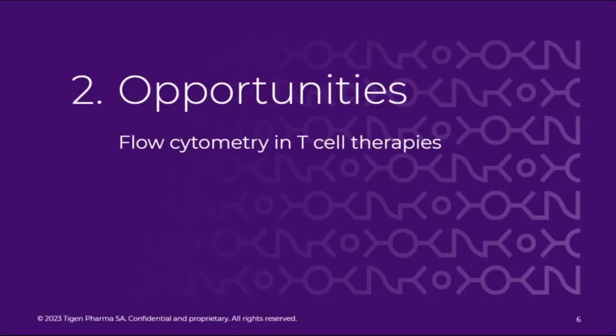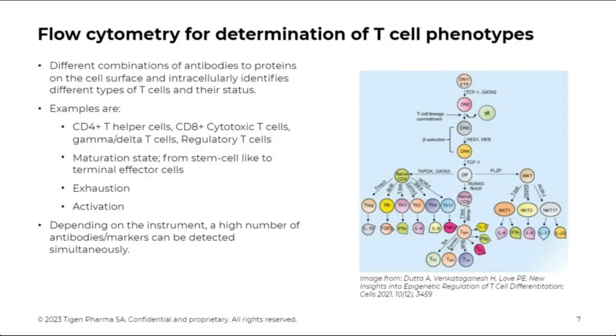So what are the opportunities that we are having? In cell therapy, it's important to know your product, as I said, and we use it to determine the different T-cell phenotypes that can be in the sample.